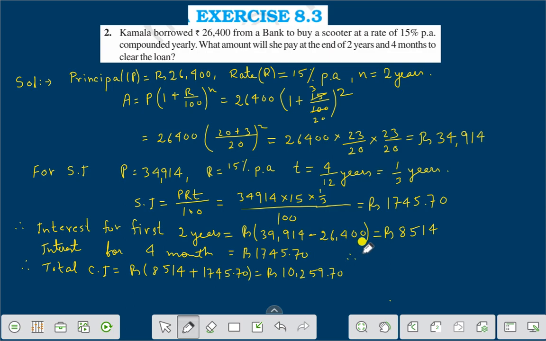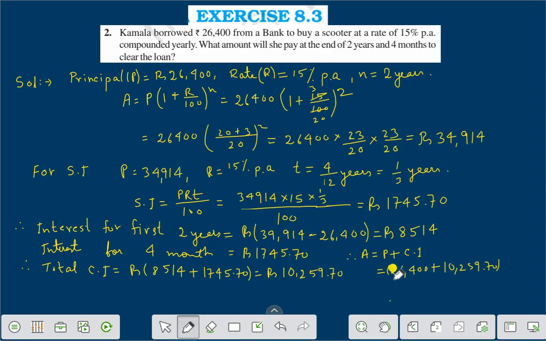Then we can say that amount A is equal to principal plus total compound interest. Principal is 26,400 plus total compound interest 10,259.70.